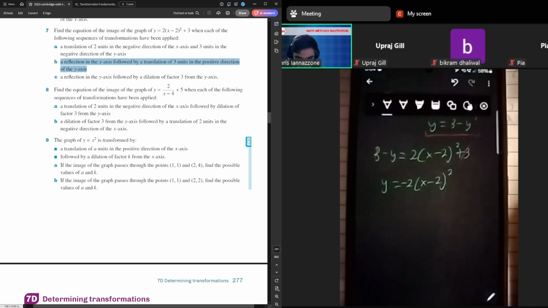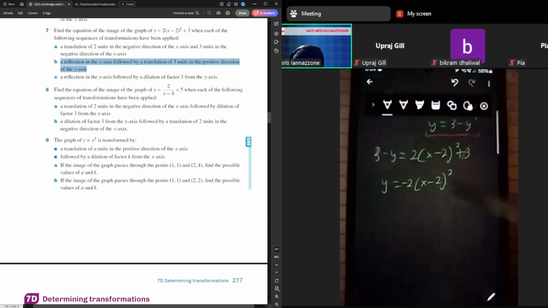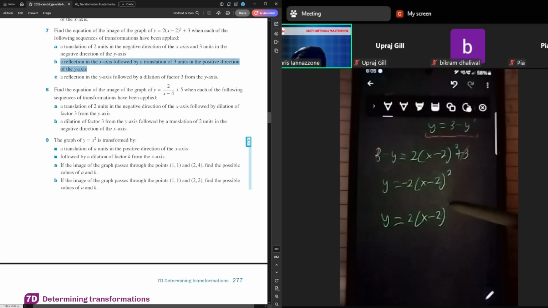That's using the point form variant. I'm going to try to do it by recognition. Let's see. So we start with y equals 2 bracket x minus 2 all squared plus 3.